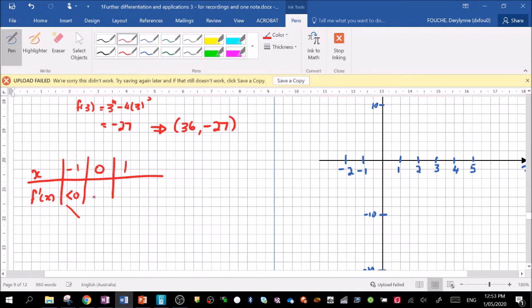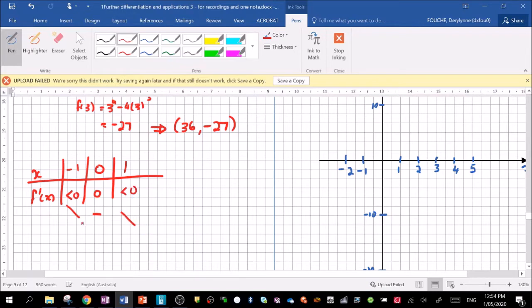At x equals 0, f dashed of x, we know it's 0. And at 1, I'm going to have 4 times 1 minus 12, which gives me negative 8, and that's also negative, less than 0.